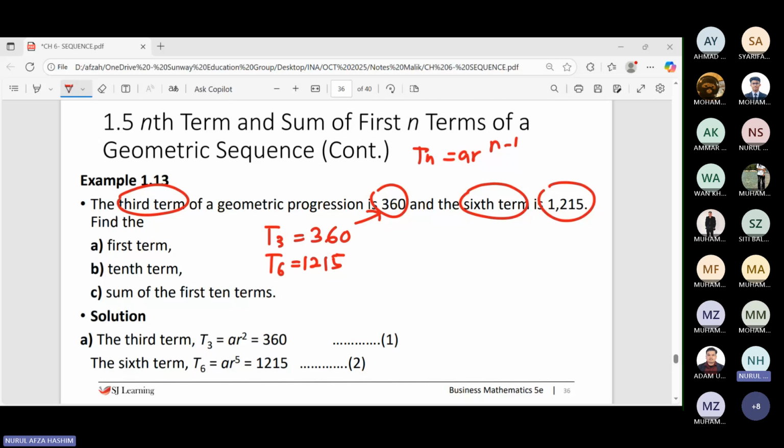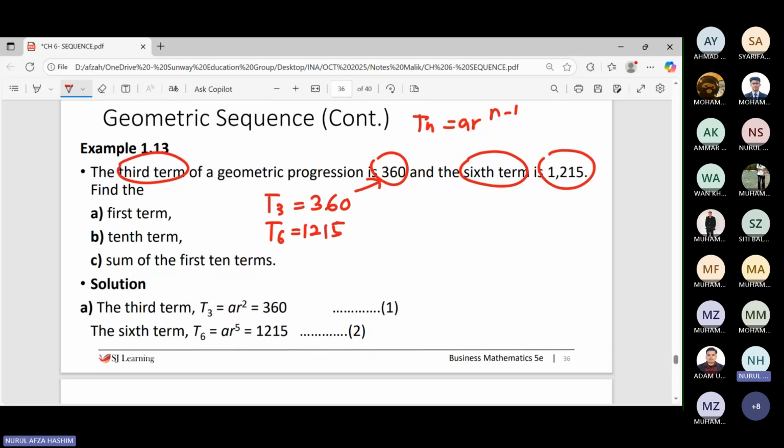So are you using substitution or elimination? Equation 1 and equation 2.